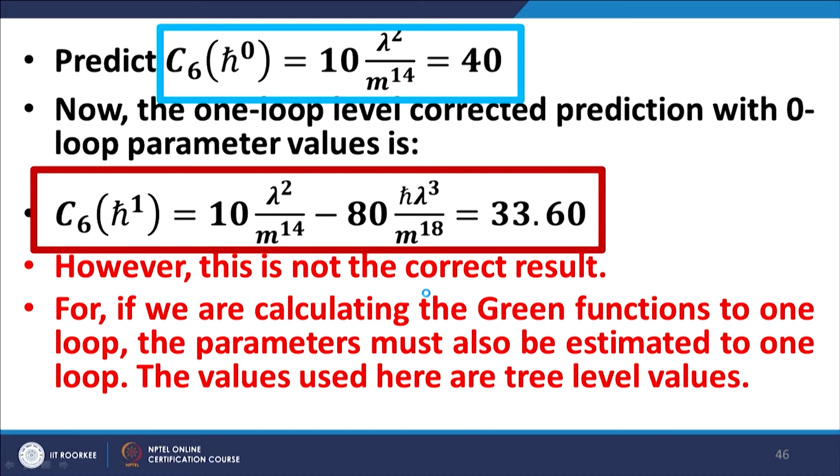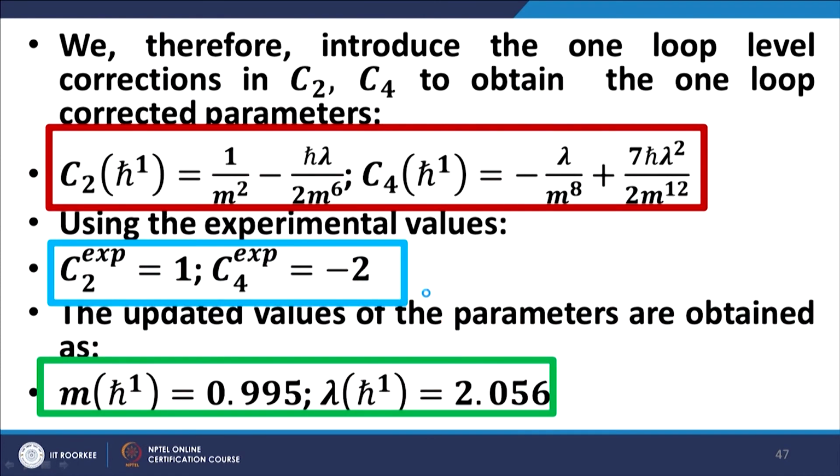Now, we go back to C2 and C4, and we correct our C2 and C4 formulas, which were earlier at the tree level, and we rework them at the one loop level. Please note, these are not the experimental values. Experimental values continue to remain what they are.